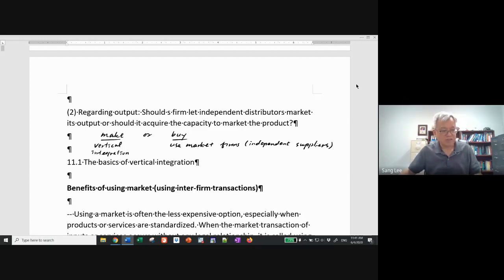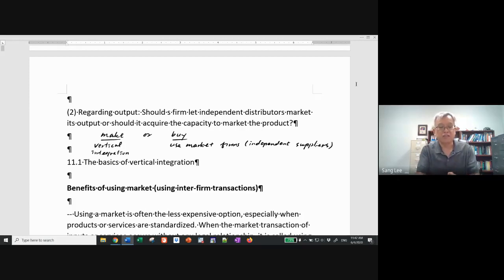So before we discuss vertical integration in depth, we're gonna first briefly examine the option to replace vertical integration. So I said a moment ago, it's all about make or buy decision. So make means what? You produce something or you perform certain stages of production in-house, internally. Buy means instead of what?